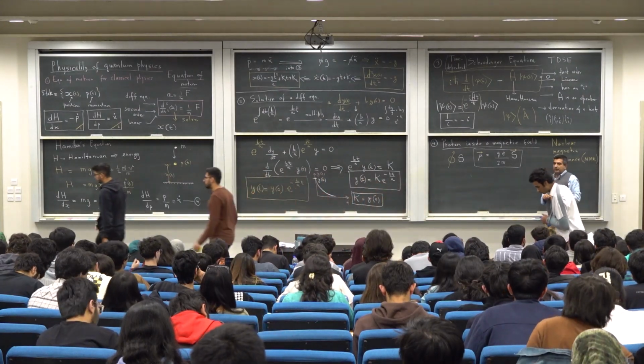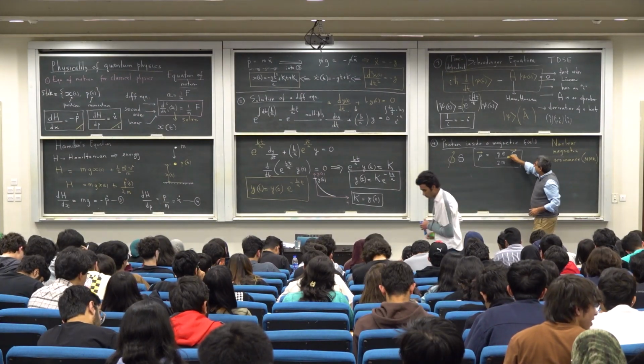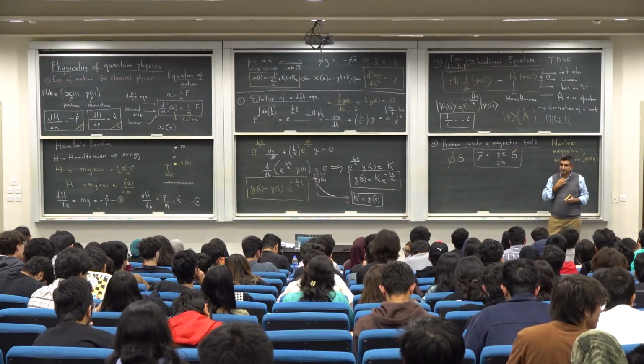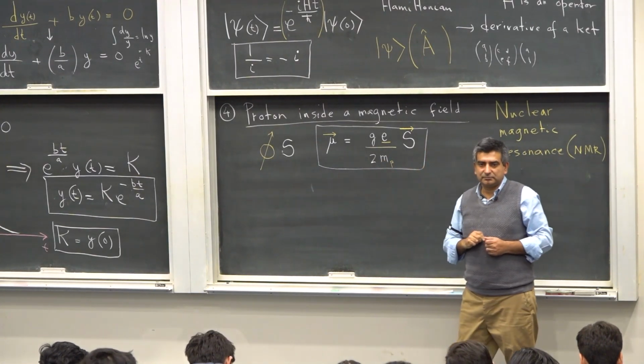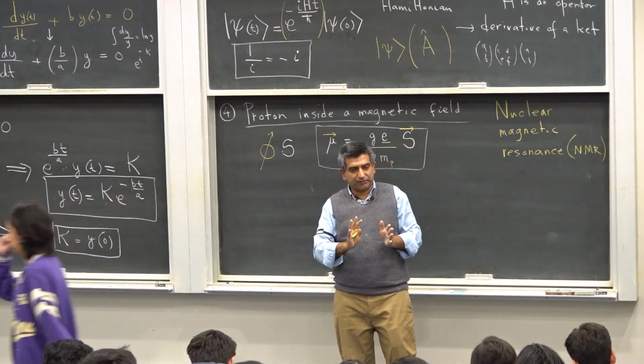If you were to talk about the proton, this e becomes the charge on a proton, correct? This mass becomes the mass of a proton, and g is a factor that is associated with protons.